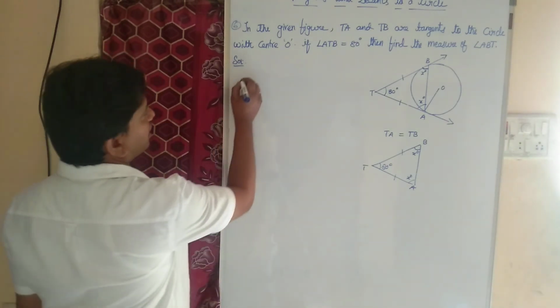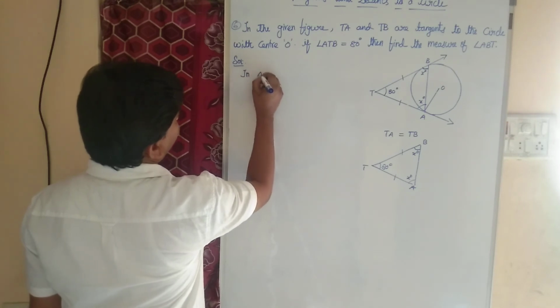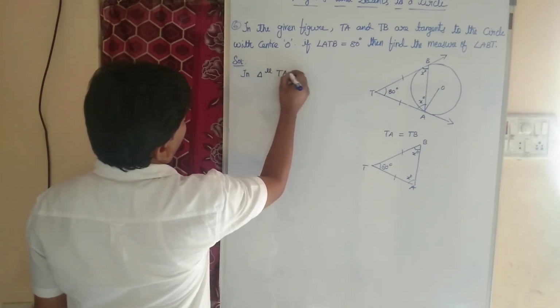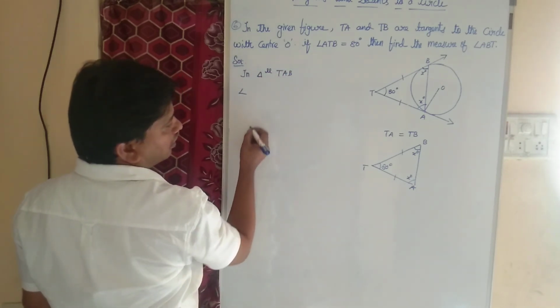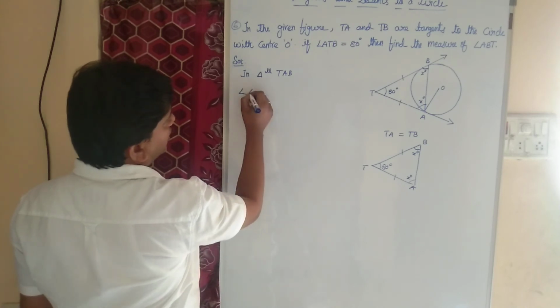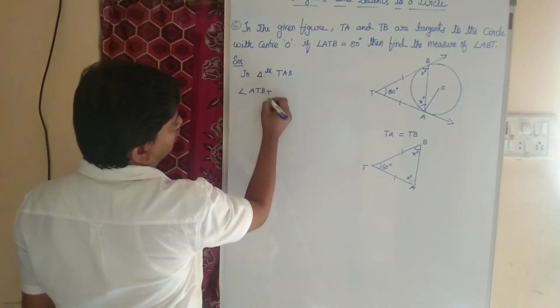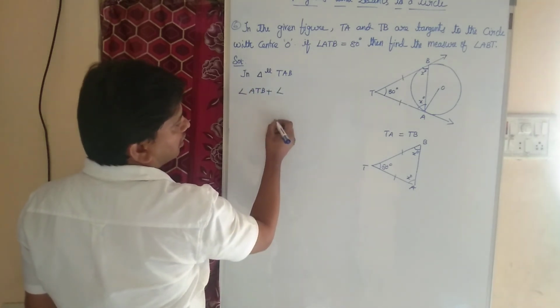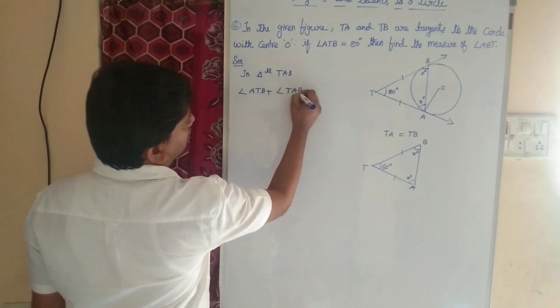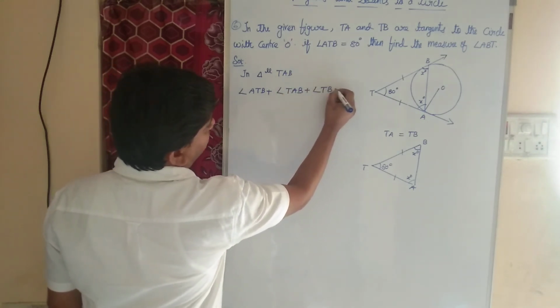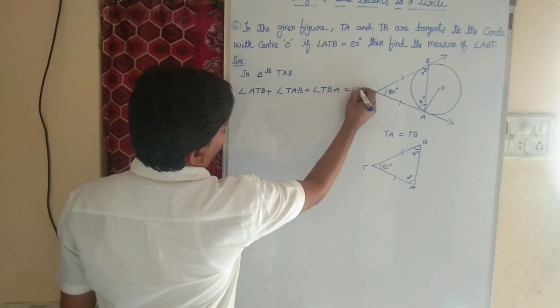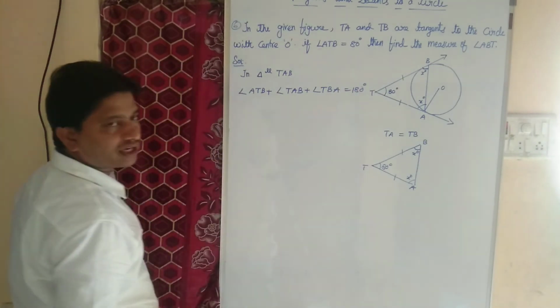In triangle TAB, angle ATB plus angle TAB plus angle TBA is equal to 180 degrees. Angle sum property of a triangle.